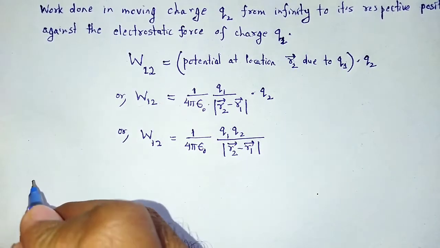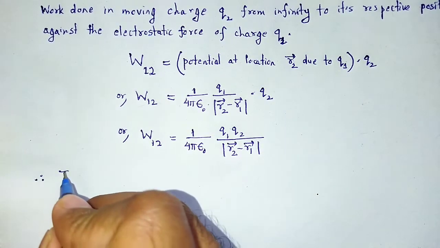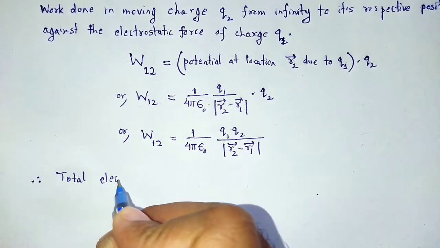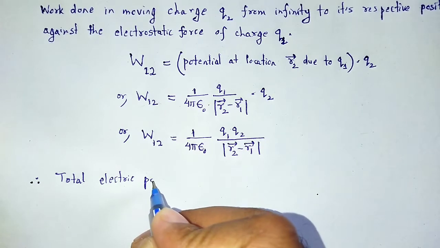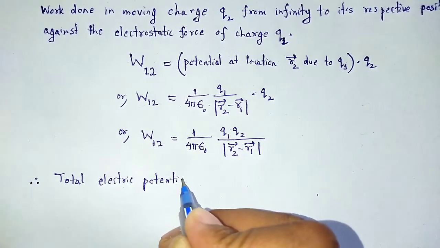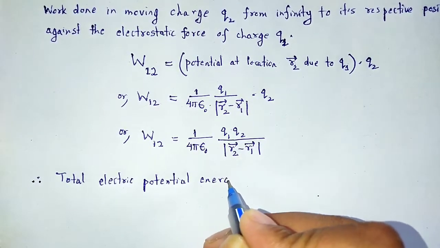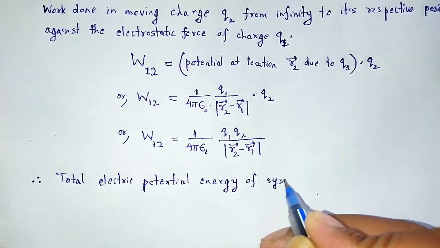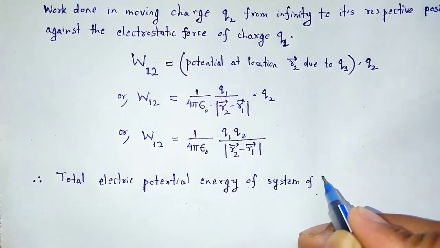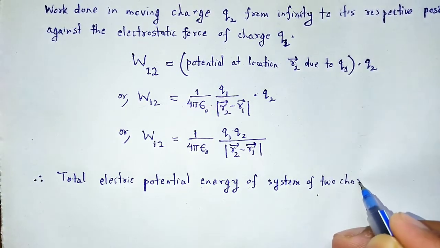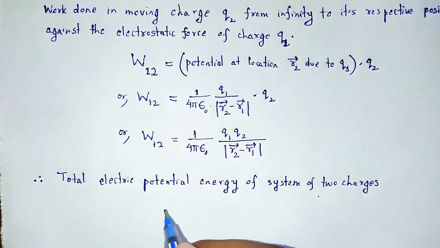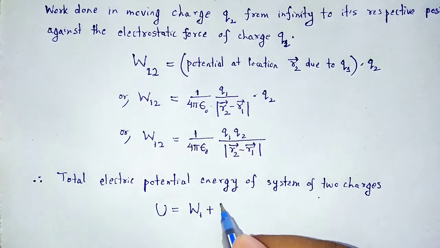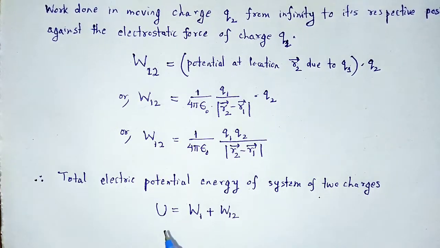Therefore, the total electric potential energy of the system of two charges is U equal to W1 plus W12.